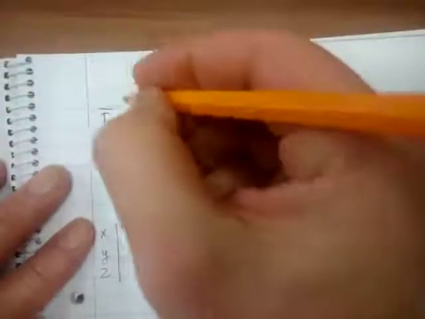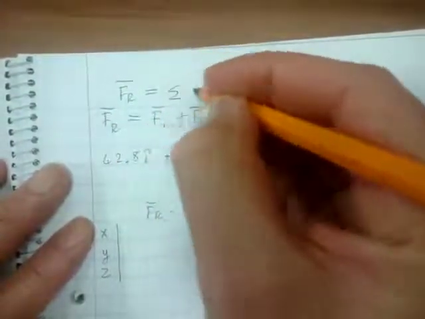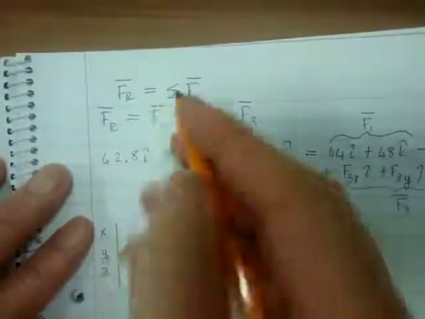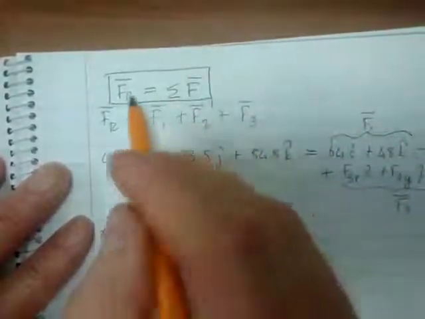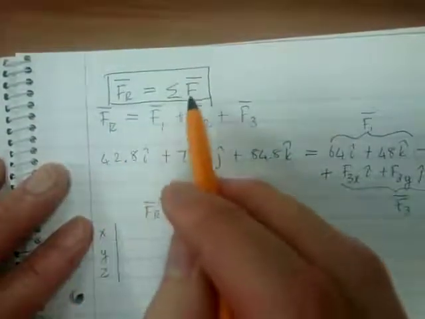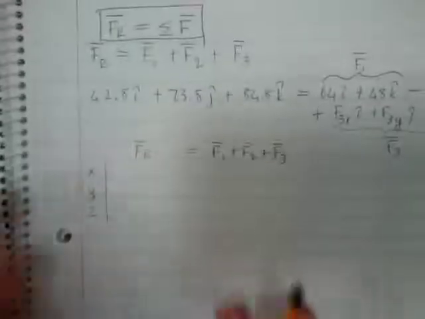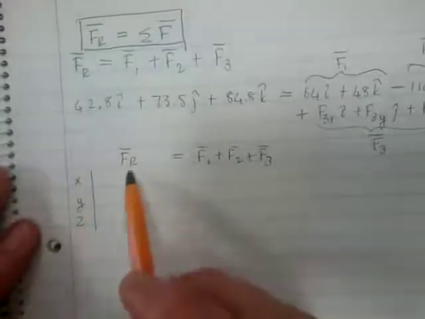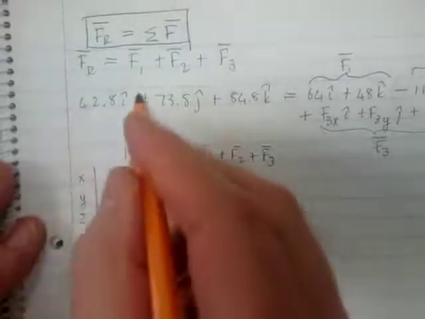Just a reminder that the governing equation is this: the resultant force is equal to the sum of all the forces in vector form, okay? So what are all the components in the x direction for FR? We have 42,8, right?